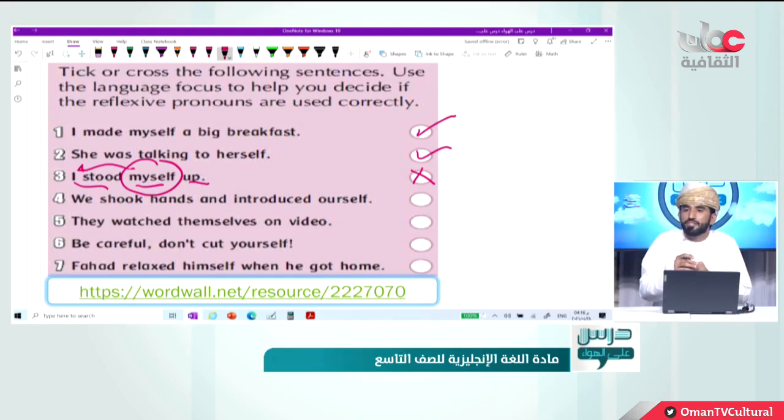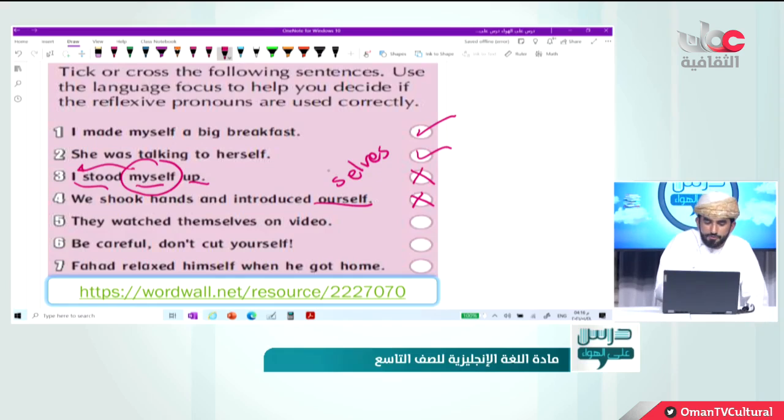We don't have to use a reflexive pronoun. Okay, let's go to 4. We shook hands and introduced ourselves. Is it correct? Yes, thank you. Ourselves should be what? Selves. Ourselves. Why? Because ourselves refers to what? To we. Exactly.